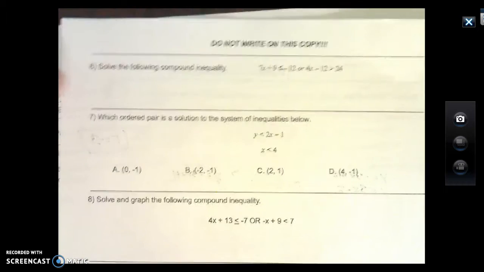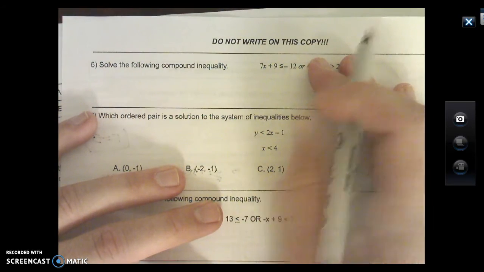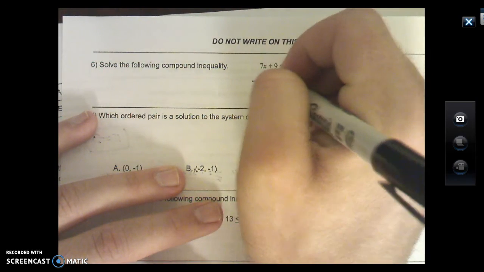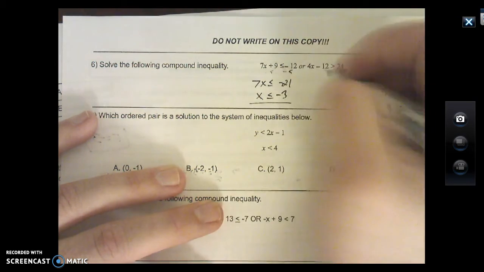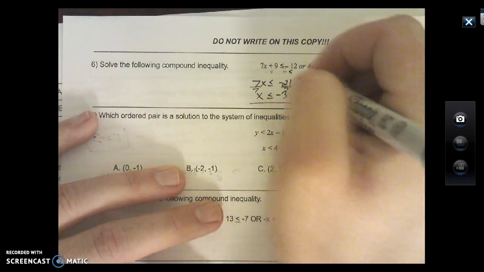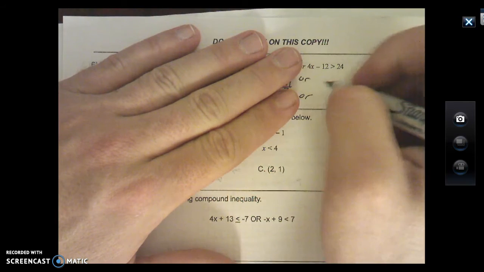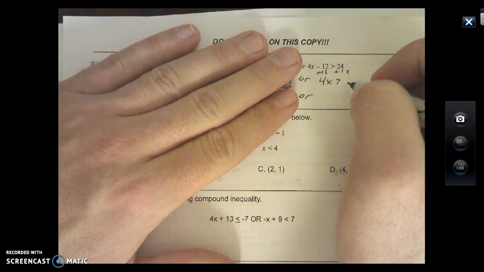On the back. That was an and, here's an or. They should be splitting up. Cover up the one side, subtract 9. 7x is less than or equal to negative 21. Divide by 7. x is less than or equal to negative 3. Over here, cover up my other side, add 12 to both sides. 4x is greater than 36.